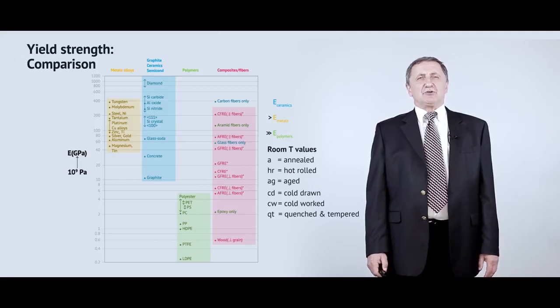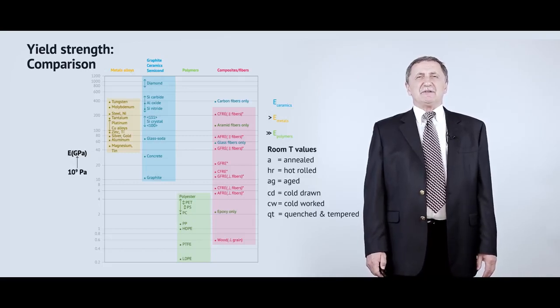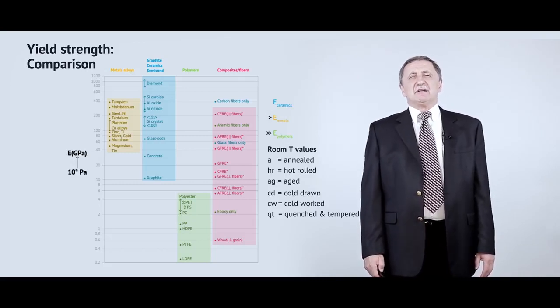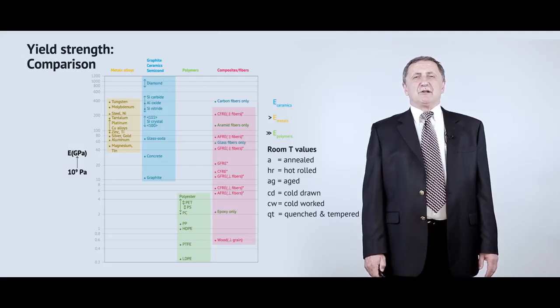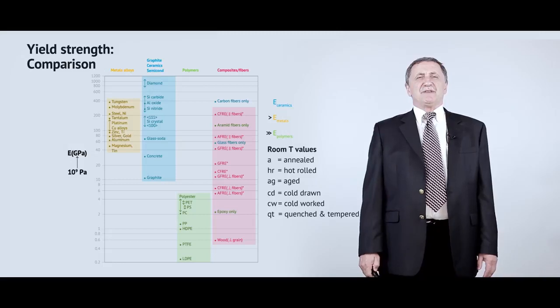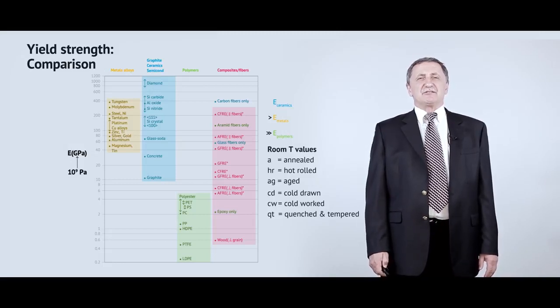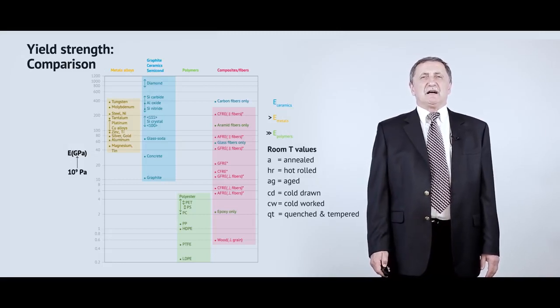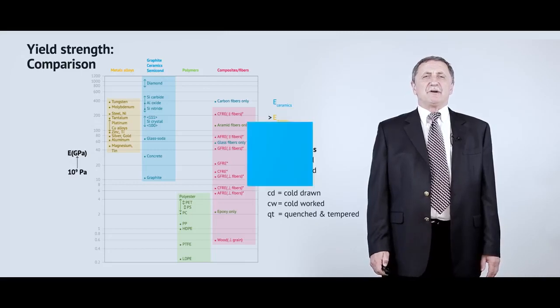When we are talking about yield strengths, the picture is pretty similar. Ceramics have the highest yield strengths, while polymers have the lowest one, and again it will be shown that this is defined by the material structures of ceramics, metals, and polymers.